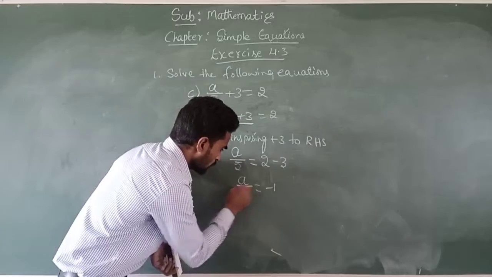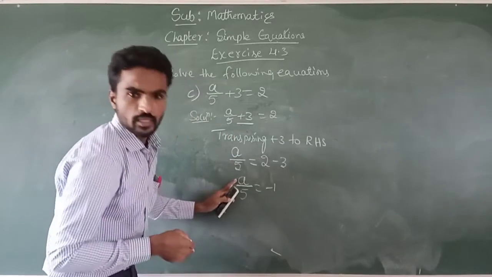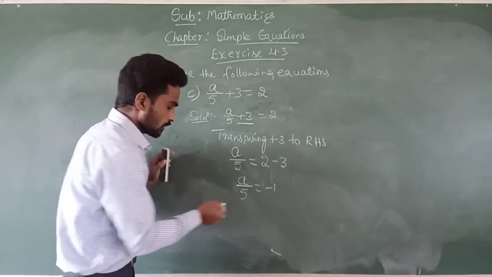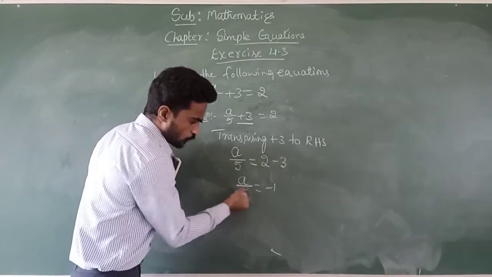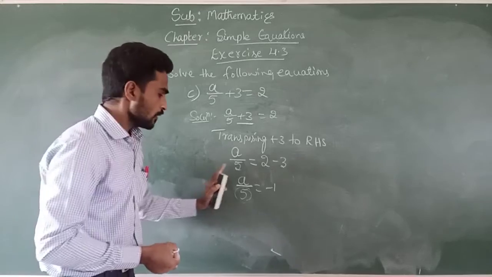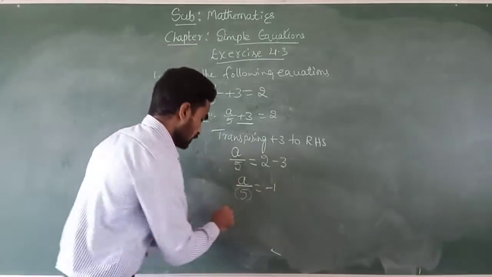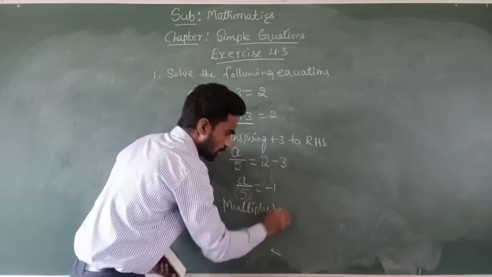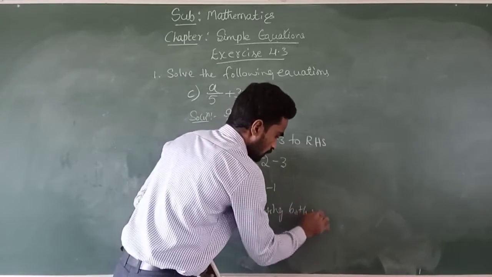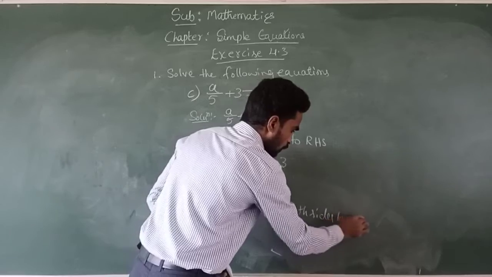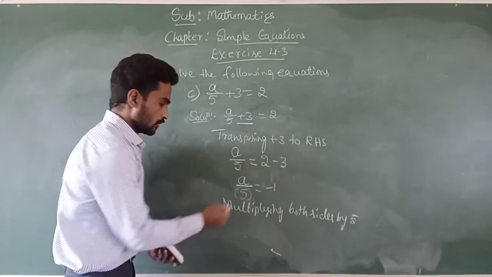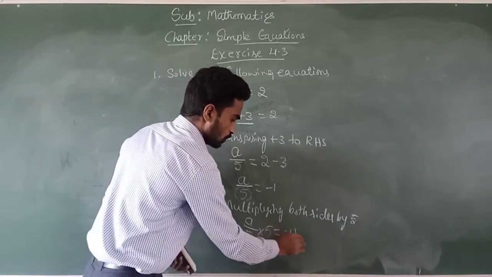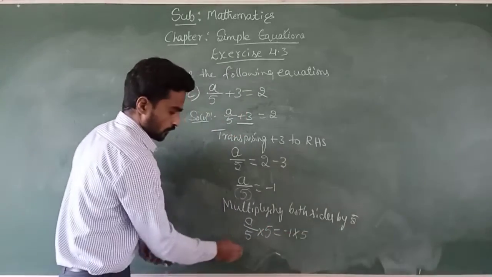Here observe, on the LHS side the variable is a, and that variable is divided by 5. For removing this 5, we multiply both sides by 5. Multiplying both sides by 5, we get a divided by 5 into 5 is equal to minus 1 into 5.